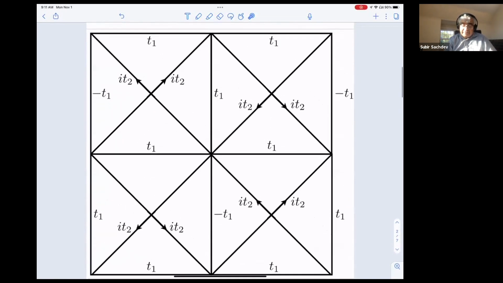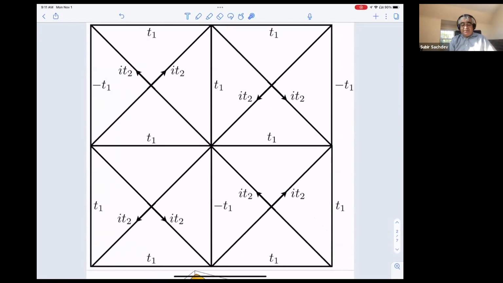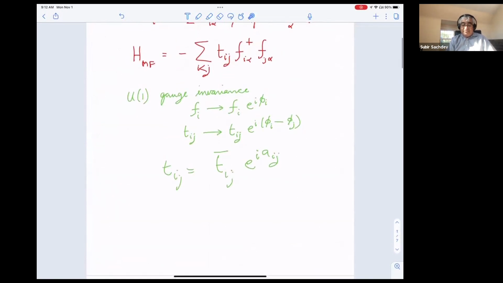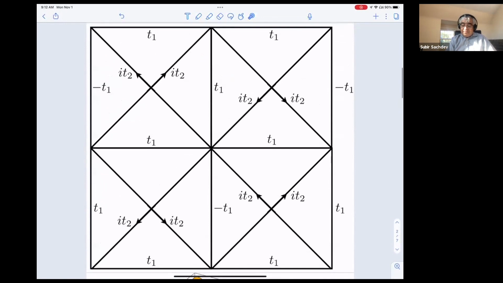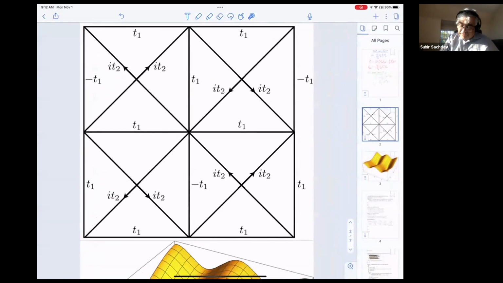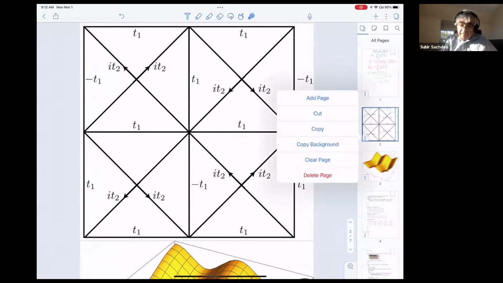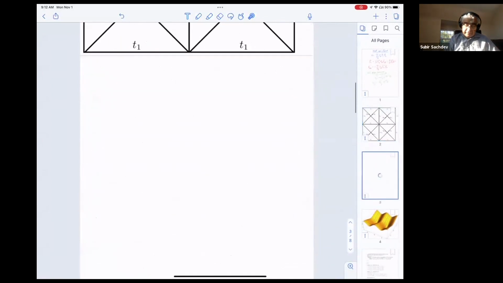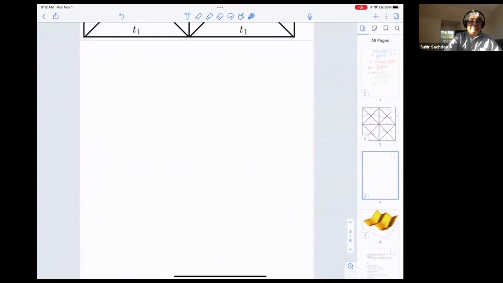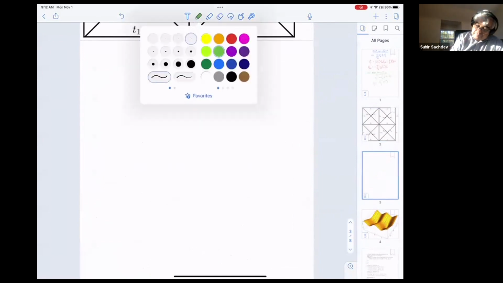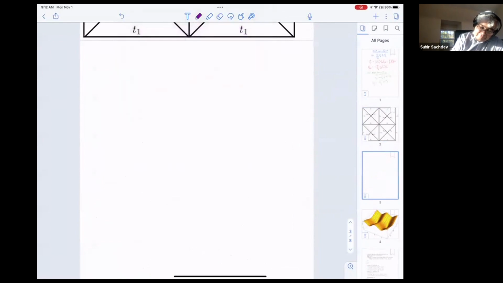All right, so you go ahead and you have a Hamiltonian here of these hopping matrix elements, you can diagonalize it. So let me at least write down the Hamiltonian that you need to diagonalize. So the Hamiltonian, you can write in this way. Let's see.